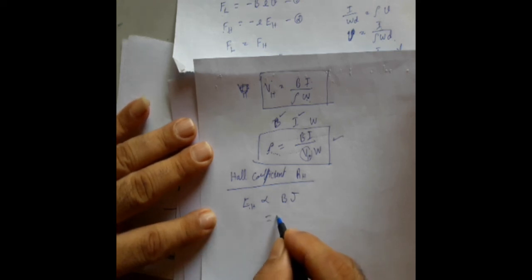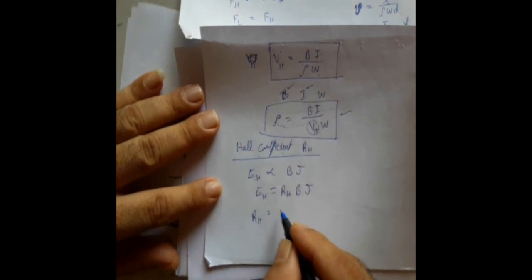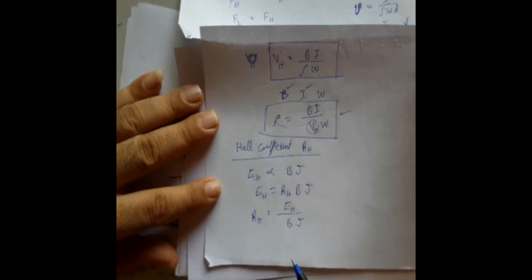To remove this proportionality, I'll use a constant called the Hall coefficient, R_H, such that R_H B J is equal to E_H. Therefore, R_H is equal to E_H divided by B J.